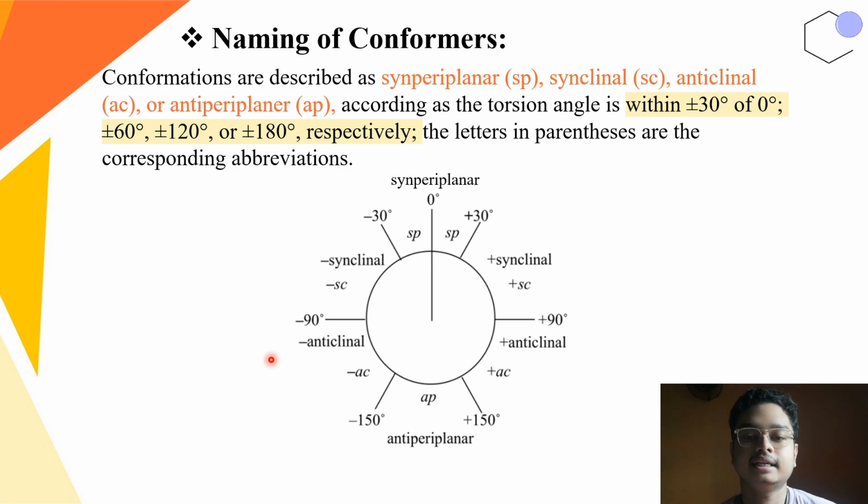But there are times when a conformer is not at exactly these degrees of rotation. So there is a naming rule to determine the conformers. If the conformer is present between -30 to +30 degrees, then it is called synperiplanar. Whereas if a conformer is between +30 and +90 degrees, then it is called synclinal.